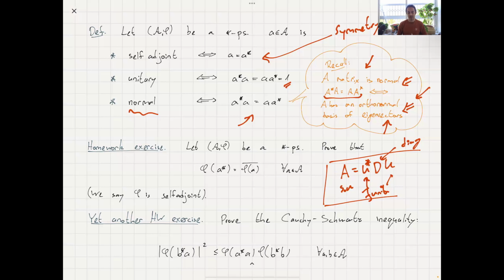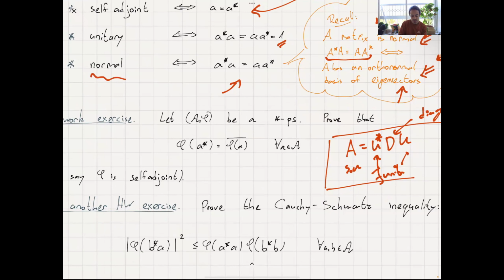And secondly, you have a generalization of the Cauchy-Schwarz inequality. Namely, if you take phi of B star A, so that's a complex number, and you take its modulus, its size, squared, then that's at most phi of A star A times phi of B star B.